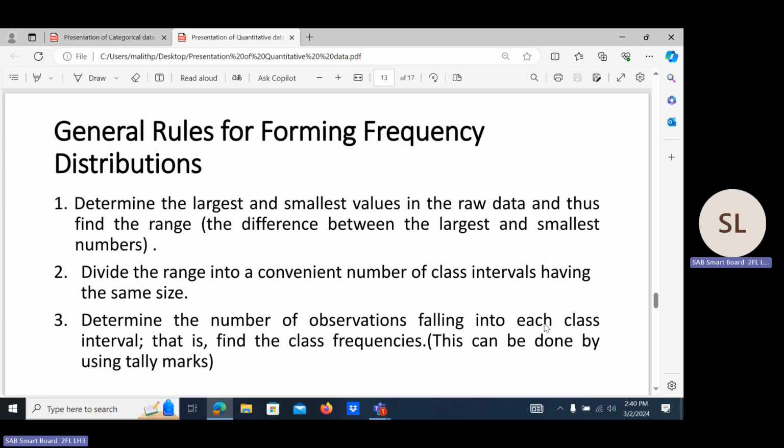That is the lower class limit in the first class interval. Then what is the upper class limit in the first class interval? Think and tell. The size of the class is 4. The first class interval starts from 30, which is the lower class limit. Then what is the upper class limit in the first class interval?